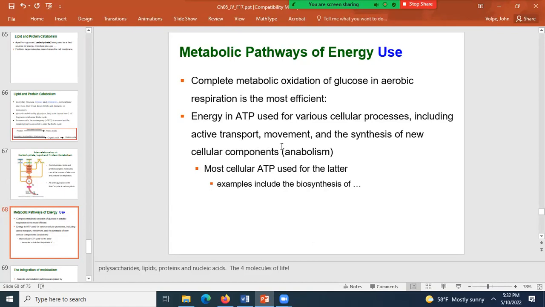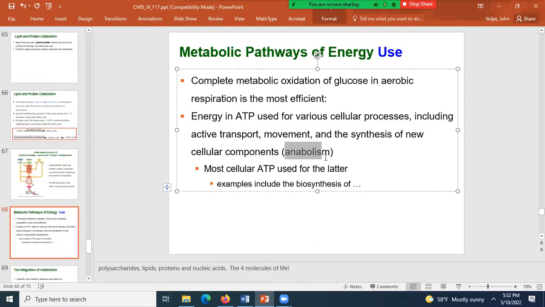It's used for movement of the cell, both for a cell that has flagella, as well as for our muscle movement. And then we'll use ATP for synthesis of new cellular components. To make an anabolic molecule, we need to spend ATP to make the molecule larger.